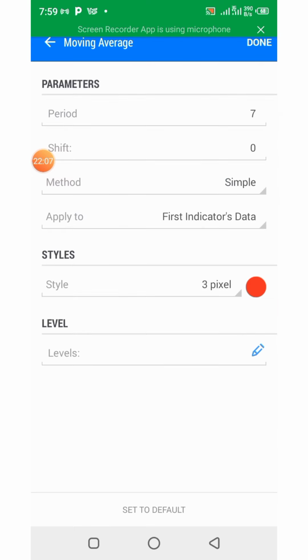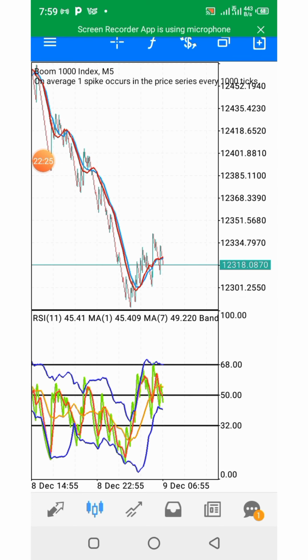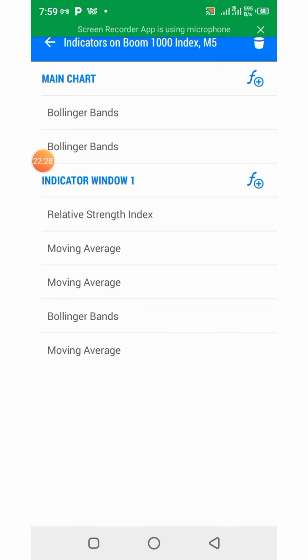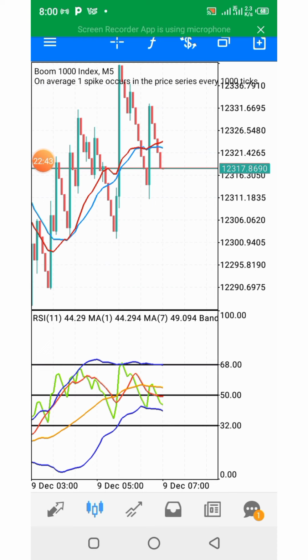Then the third moving average, okay, I've shown you the third indicator. There we have Bollinger Bands, another Bollinger Bands. Sorry guys, my network is working. So the third, okay, let me just tell you, the Bollinger Band there is 34.